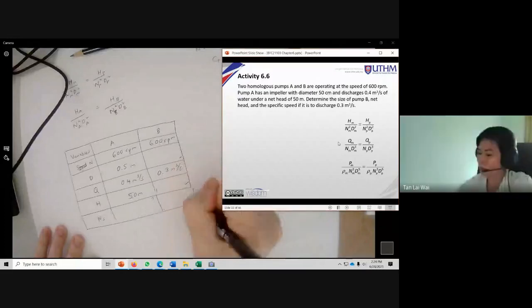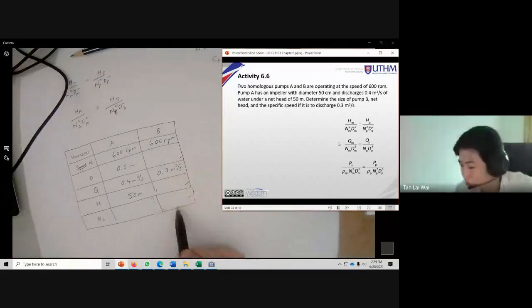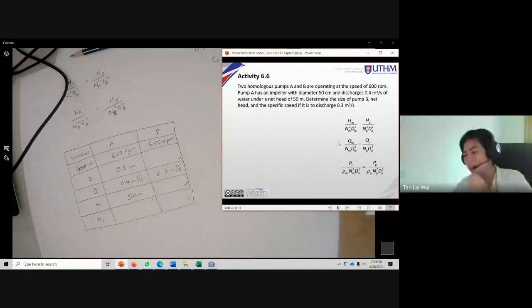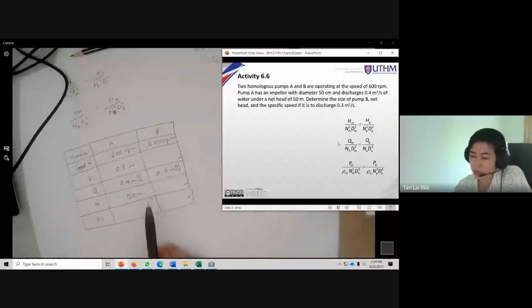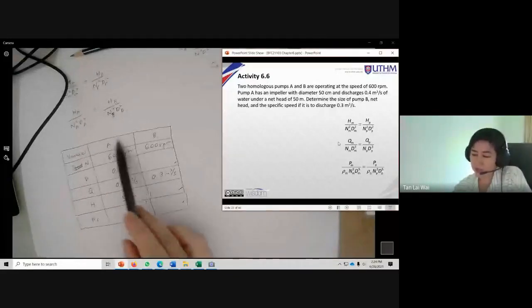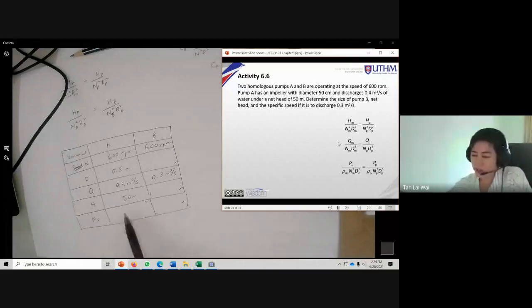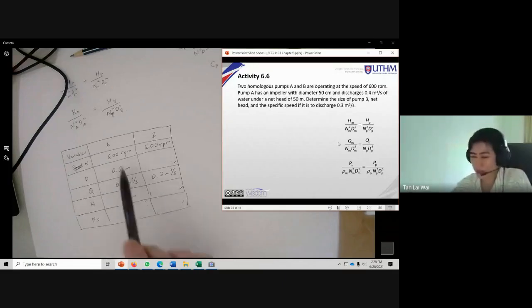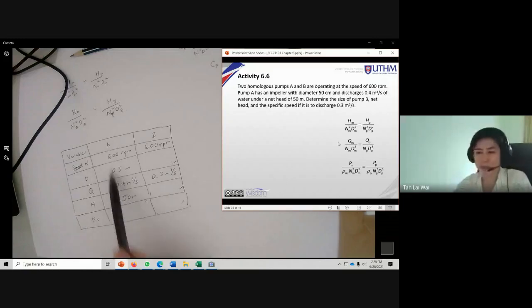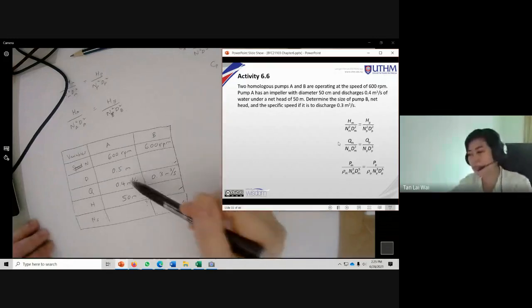Specific speed for A and B should be the same because they are homologous, so you can just use one. If I were you, I'm going to use the variables for pump A to calculate the specific speed. Why? Because if we have an error in our answer here, it will affect this specific speed. Since pump A's data is provided already, it's easier.